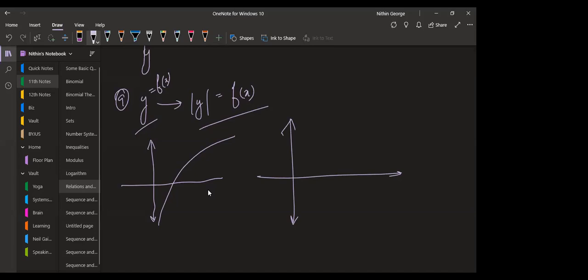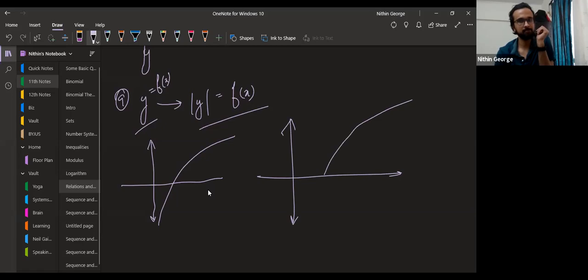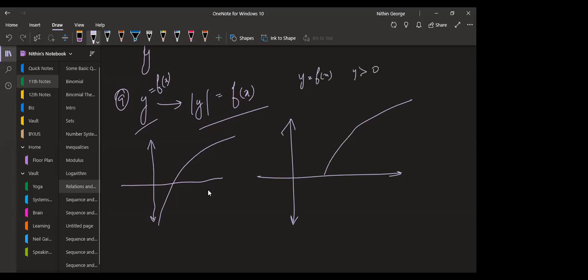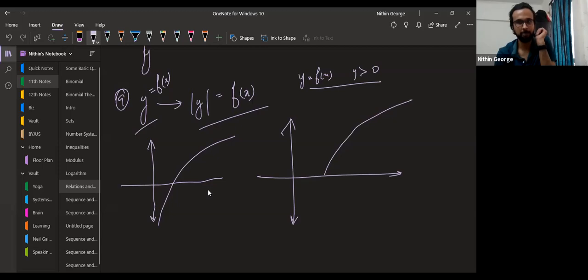So we mirror the positive part over the x-axis, same as last time, but in reverse. There's something like this, and its reflection. This is the y equal to f of x positive part, y greater than 0. This is the first part.